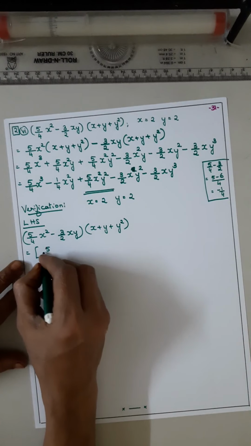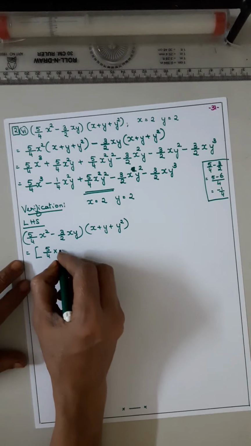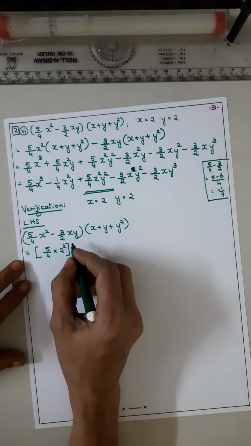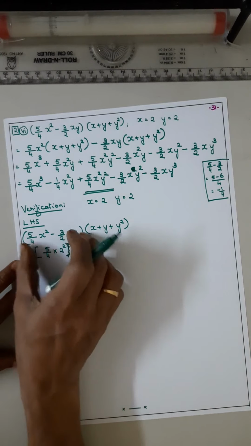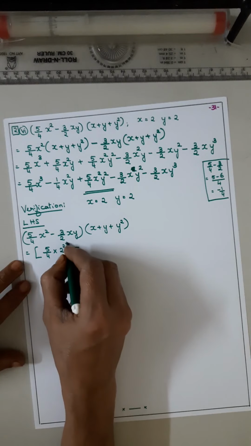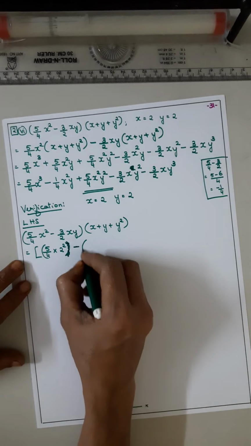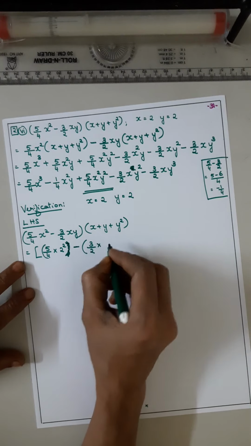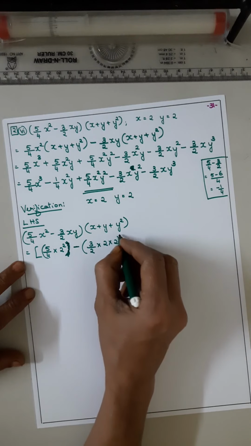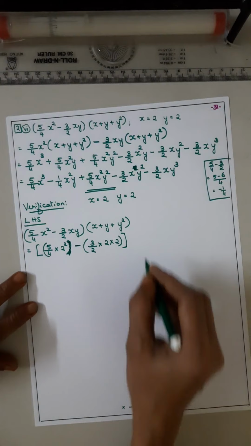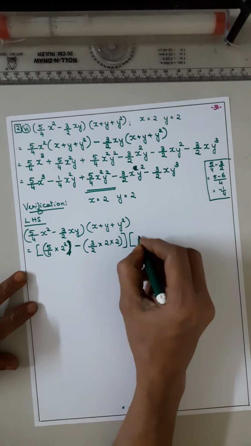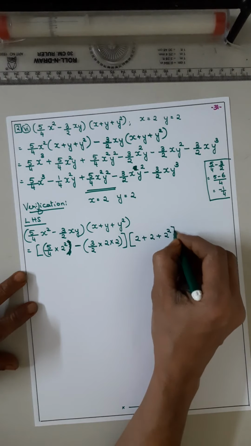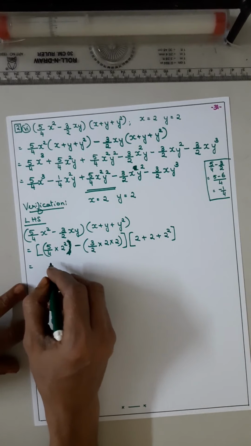Square bracket 5 by 4 into 2 squared. Negative is not there, so you should be thankful. This is 1, so square bracket won't be there. This is a circle bracket. Now round bracket open, 3 by 2 into x is 2, y is 2. Now square bracket close. Now again square bracket open, x is 2 plus y is 2 plus y squared is 2 squared.